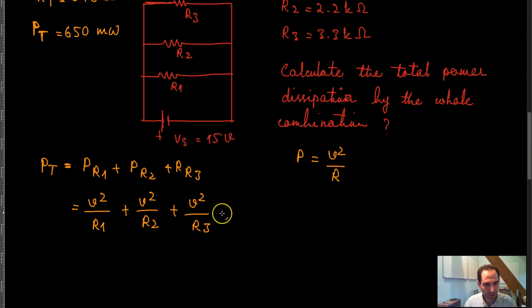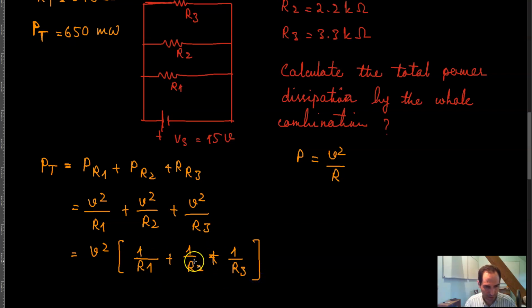And then you can write this as V squared times 1 by R1 plus 1 by R2 plus 1 by R3.